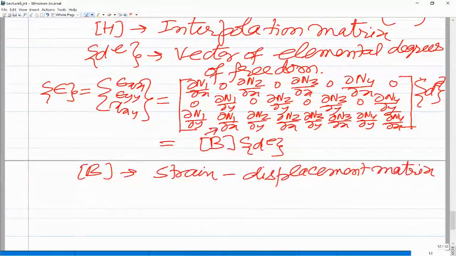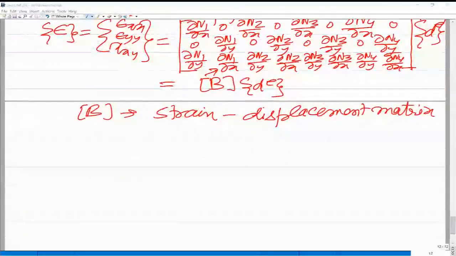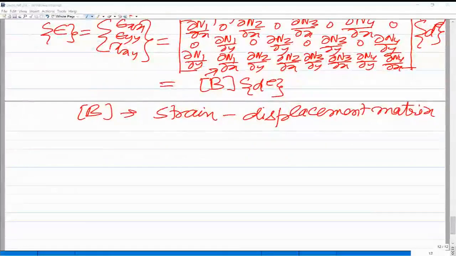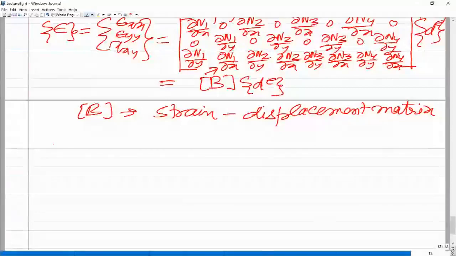So now you substitute all of these approximations in the integral functional. So you will get your I now. I can be written as half integration over area, and then we have epsilon transpose. Epsilon is B into DE.